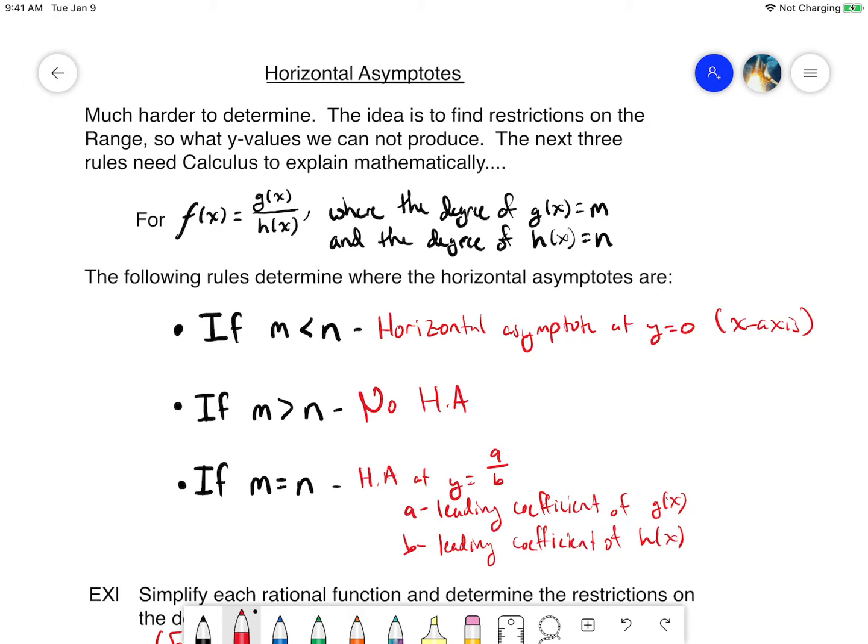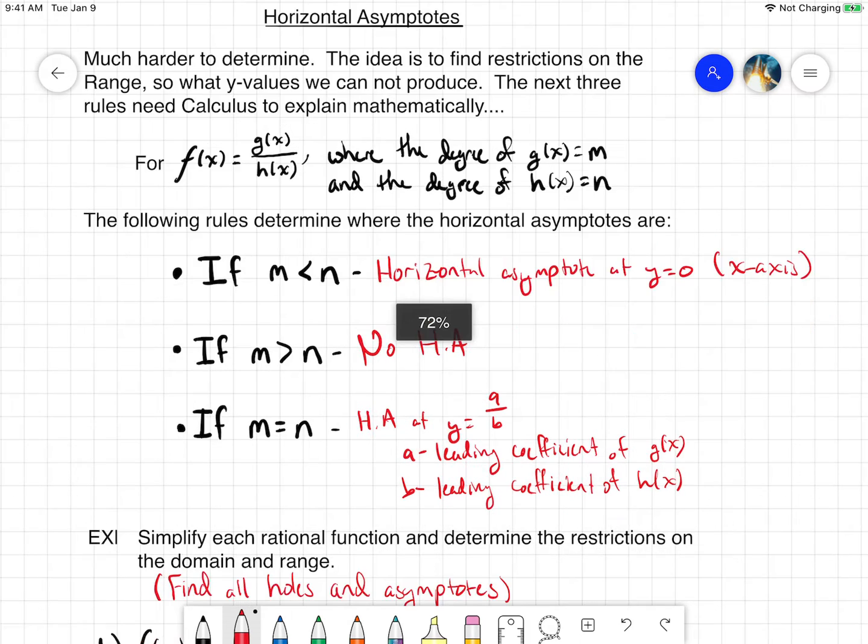That's where our asymptotes are going to be. So let's take a look and determine it.